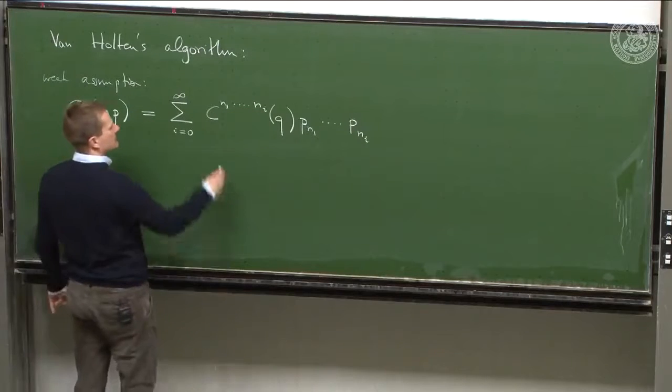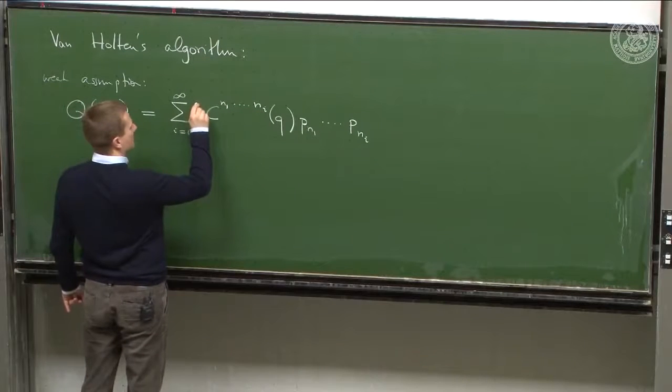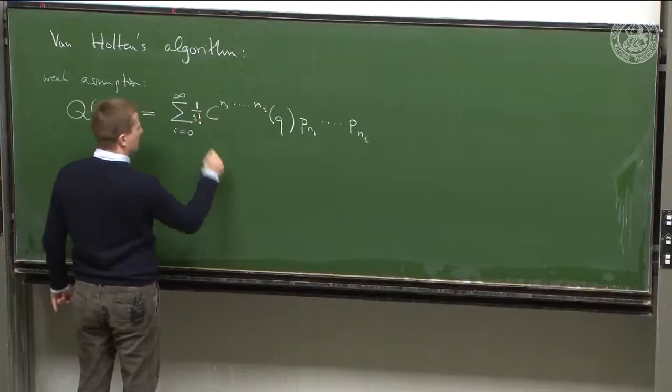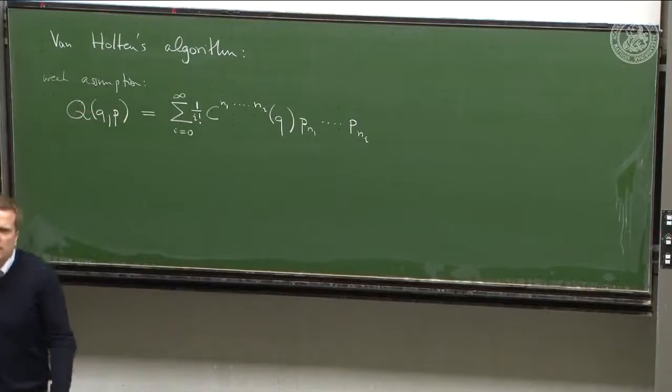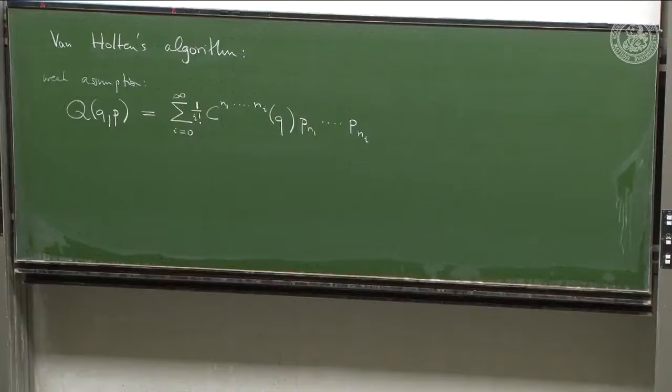Because this is a nice Taylor series, or we want to understand it as such, we write here 1 over i factorial. But that's just convention. So we assume we can expand in the p's.